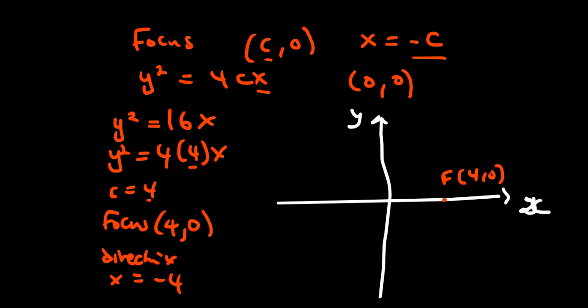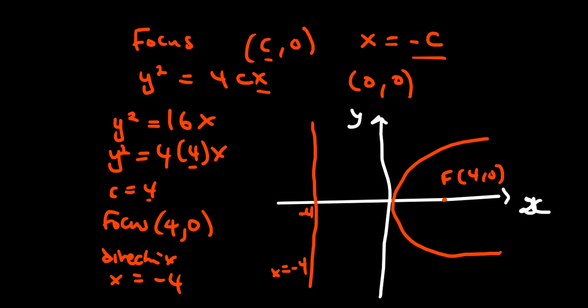Then my directrix cuts at negative 4, so my directrix is x equals negative 4. Since the 16 is positive, it's going to open to the positive side of the x-axis, this way. So you have something like that.